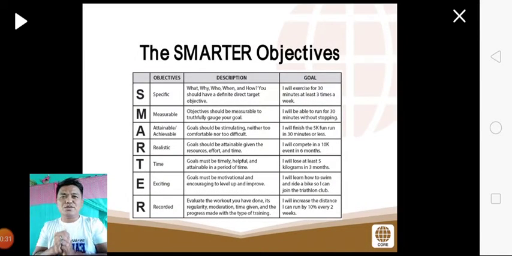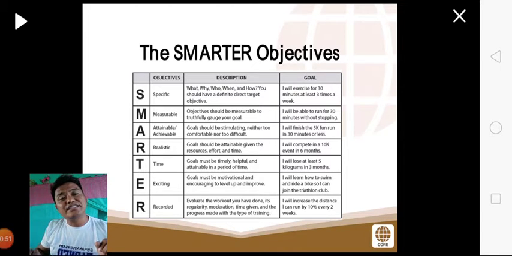Okay, let's proceed to the smarter objectives. What are those smarter objectives? So, in each letter na ay mga meaning. So, S is for specific, M is for measurable, A is for attainable or achievable, R is for realistic.